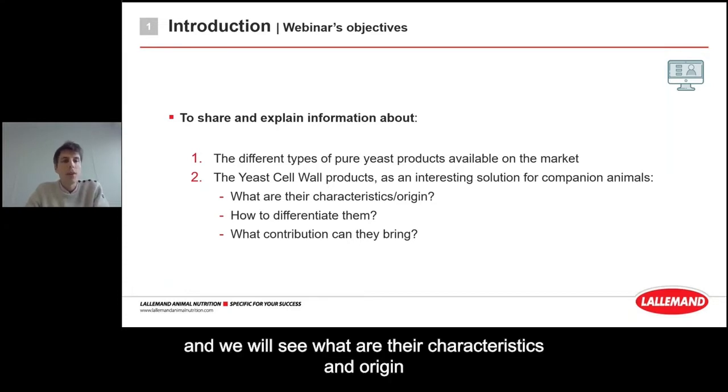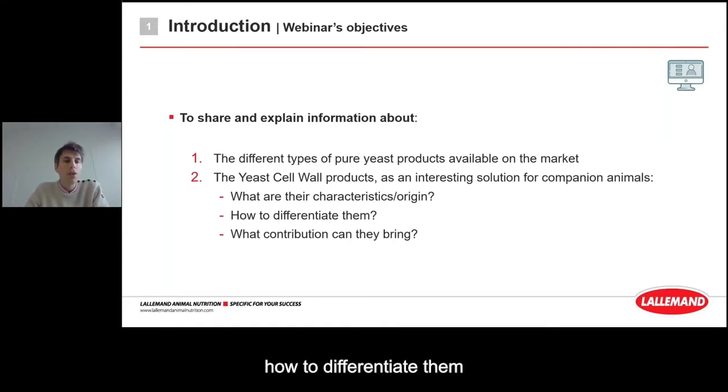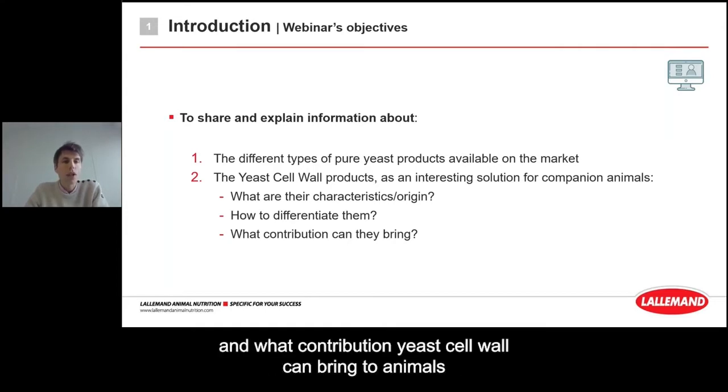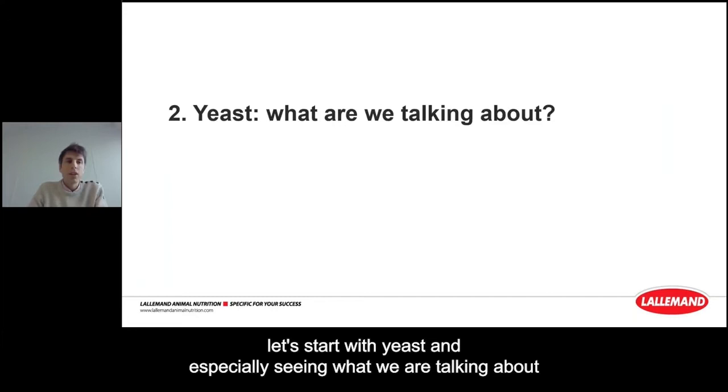And we will see what their characteristics and origin are, how to differentiate them, and what contribution yeast cell wall can bring to animals. Let's start with yeast and especially seeing what we are talking about.